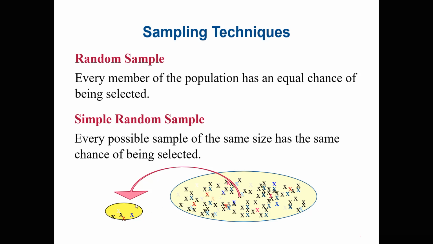Today, we easily use computer methods. We just use the computer to randomly choose from the population, giving everyone the same chance. So the main random sampling technique is the simple random sample, where every possible sample of the same size has the same chance of being selected.